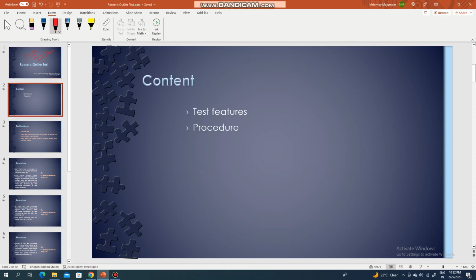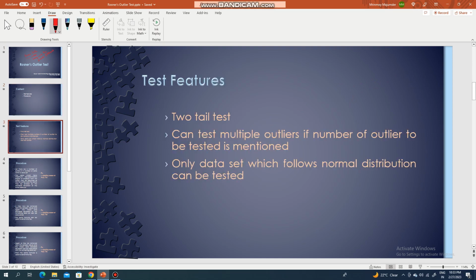So let us see, the lecture constitutes the test features, the advantages of this test, and the procedure to accomplish or complete the test. Rosner's is a two-tail test. That means you can either detect the maximum outlier or you can detect the minimum outlier.